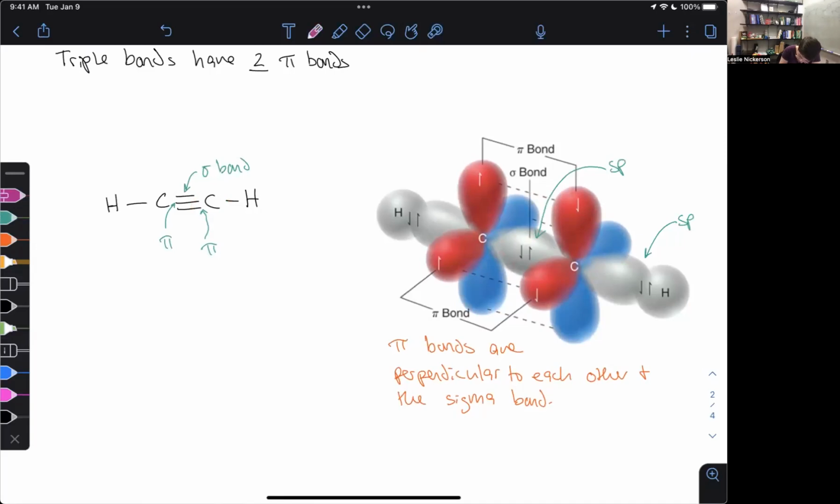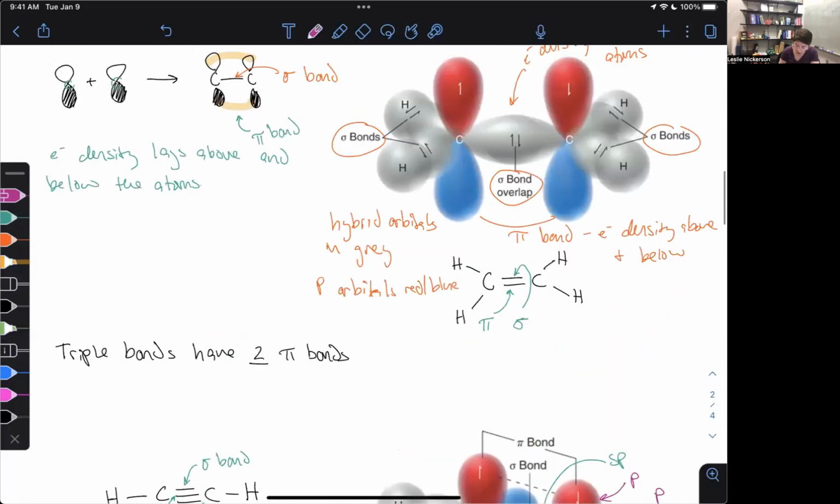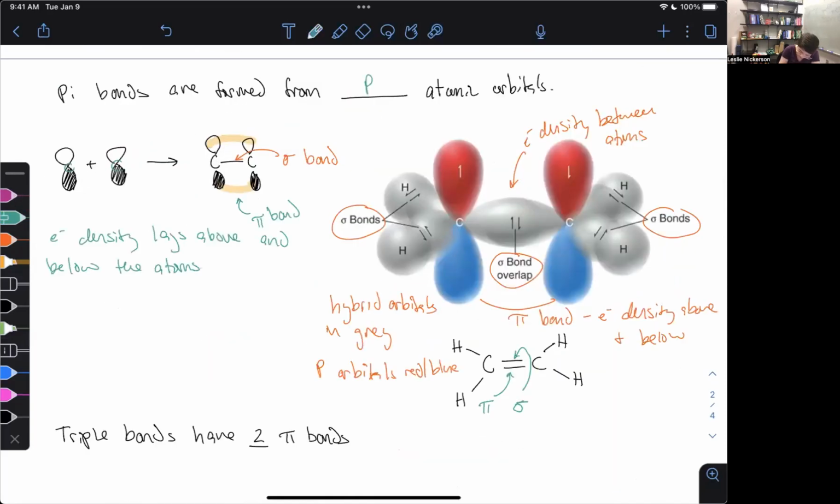And then we've got a p orbital here and a p orbital here, and then the same on the other side, okay? If I'm looking at this one, we've got our sp2 orbital making up this sigma bond because this carbon and this carbon are both sp2. And then we've got our p orbitals, okay? And same on the other side.